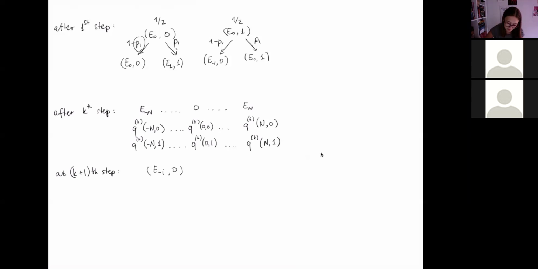Suppose that the system is in a state E minus I0 or in a state EI0. So if the system is in a state E minus I0, then the only way it can... it can only increase the energy of the battery, or it can stay. So it either stays or the energy of the battery is increased.